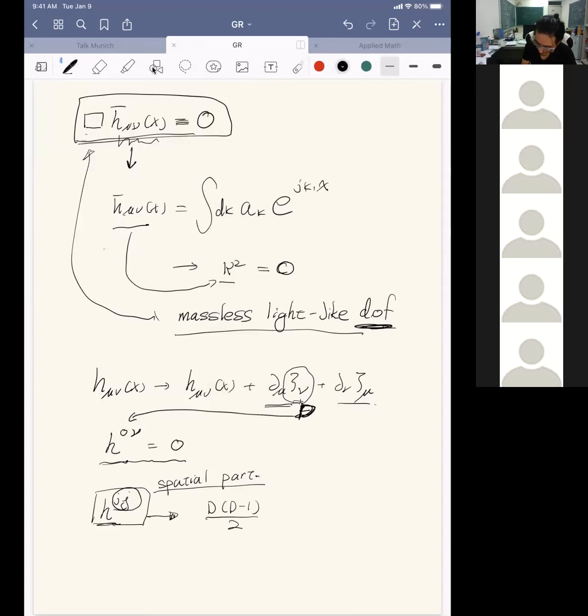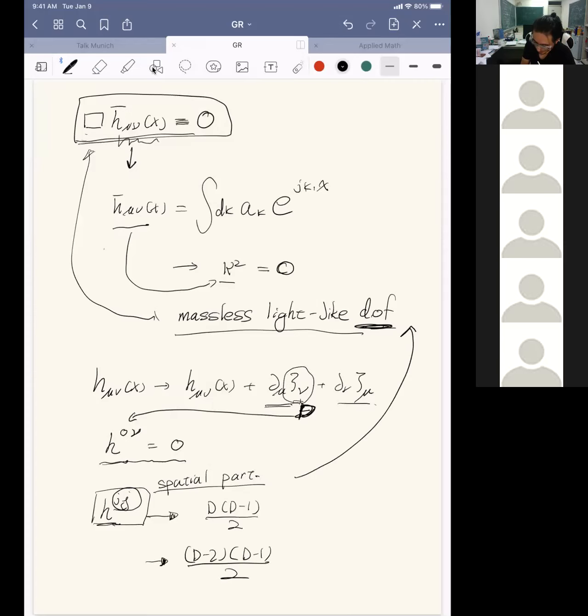However, you know that they're light-like, and therefore the degrees of freedom you really have are only the transverse part. So you really have d minus 2 times d minus 1 over 2.